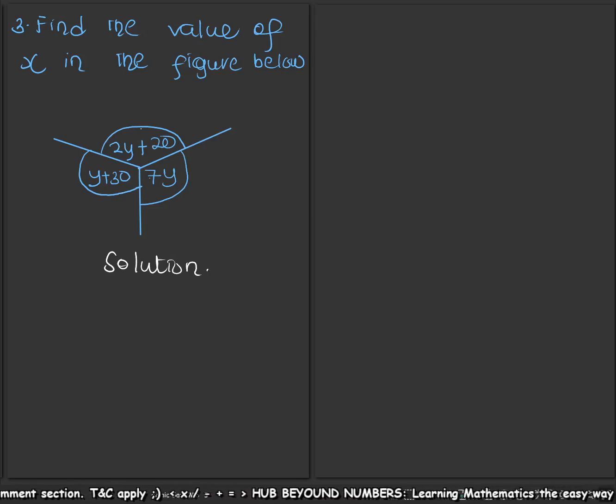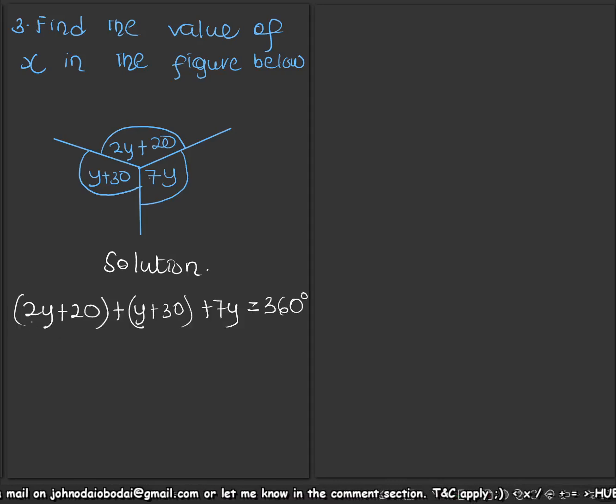Now we know the sum of these adjacent angles at a point equals 360. That is a property that comes to mind. So the sum of the angles equals 360. It means if we add all of this together, we should get 360. Hence, you write down our equation, and that is 2y plus 20 plus y plus 30, then plus 7y should be equal to 360 degrees.